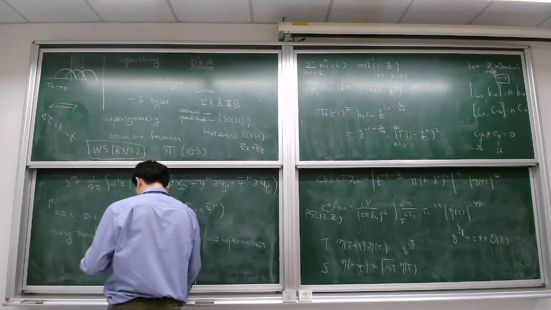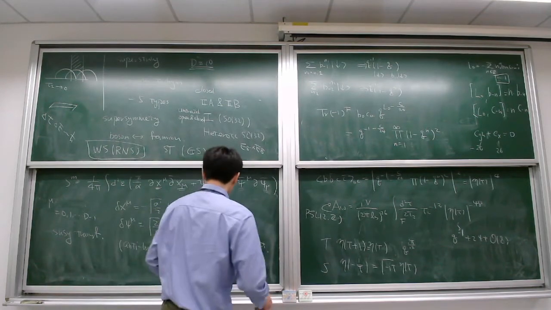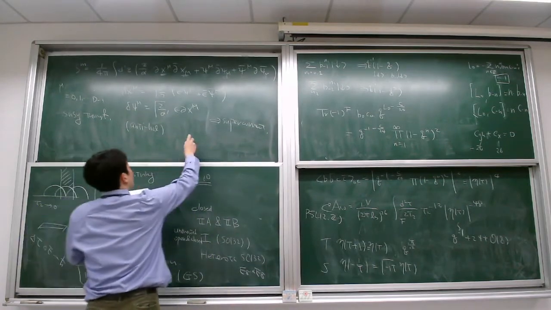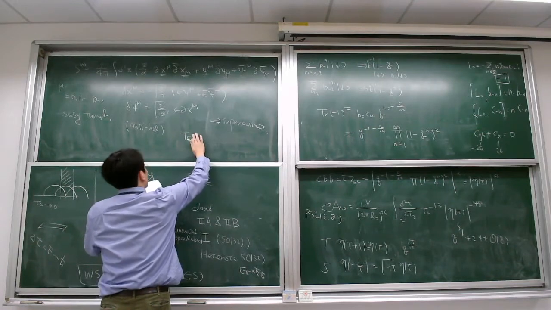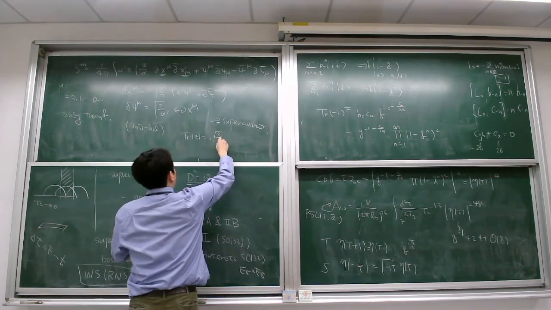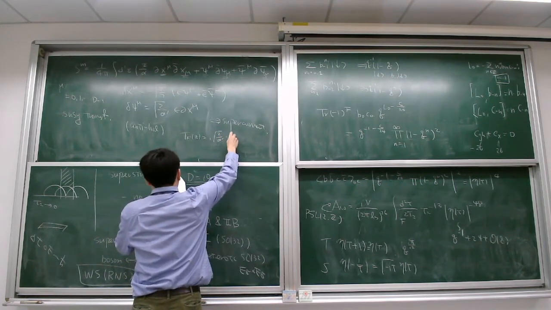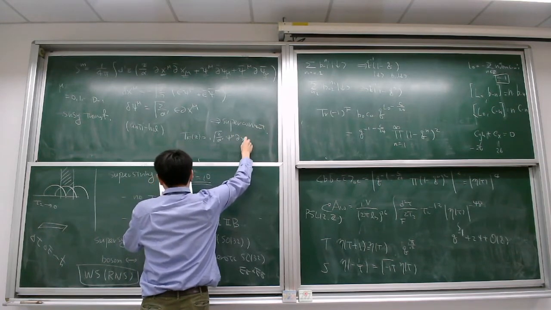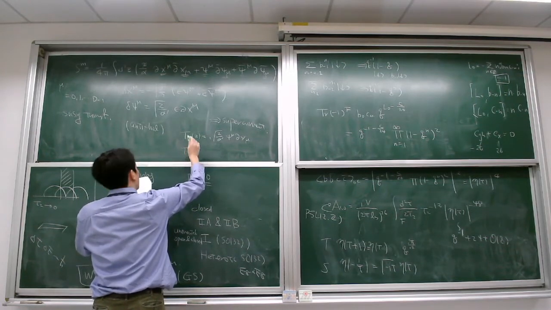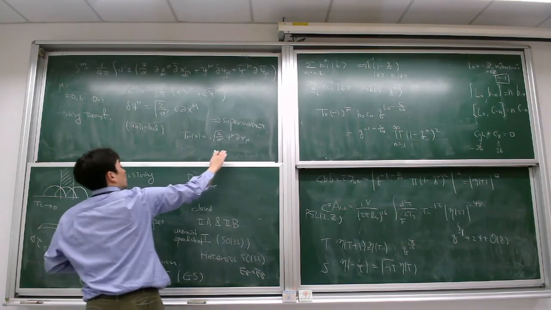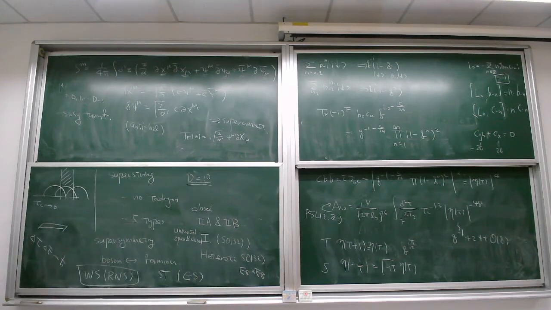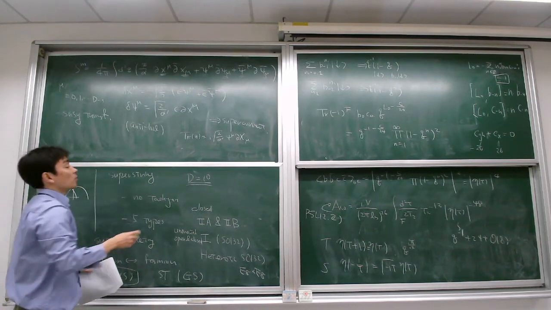Okay. And the supercurrent is as follows. The supercurrent is T_F of z. I just write down the holomorphic part, and the anti-holomorphic part too. This is called the supercurrent.